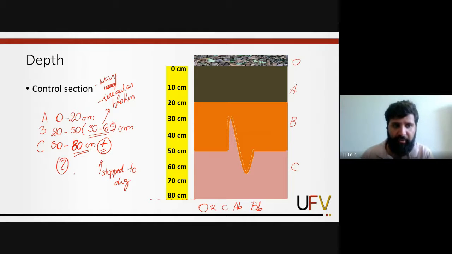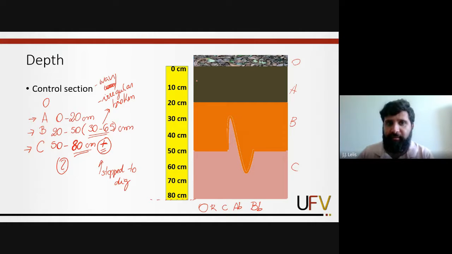I really don't know what I can find below. Okay, so we can see the A horizon depth, the B horizon depth, and the C horizon, but where or how can we measure the depth of the O horizon in this soil profile?